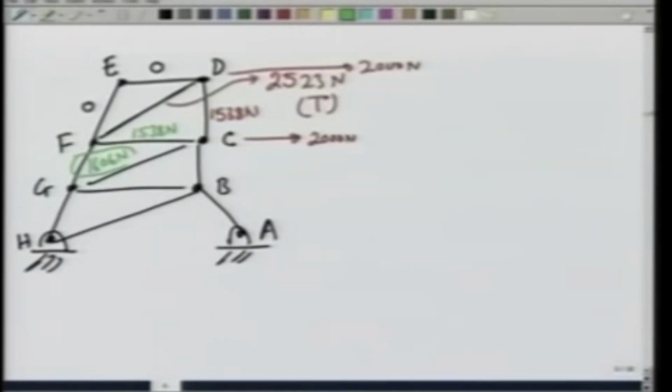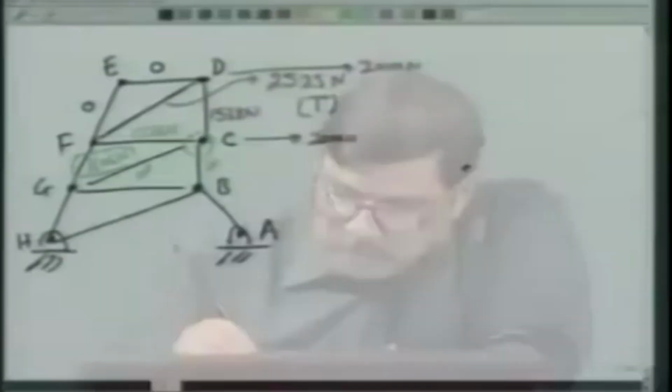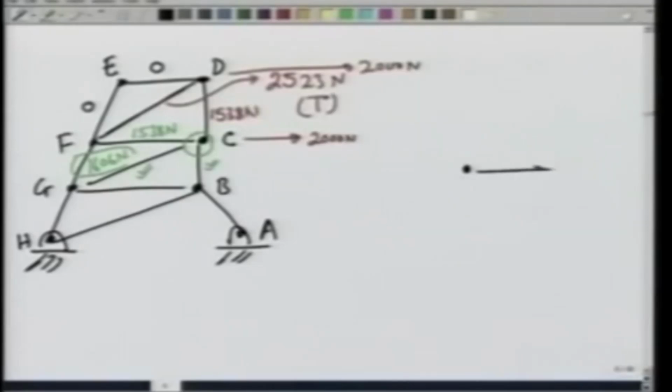Now, you see, if I look at point C, the two forces 1538 and 1538 newtons are known here, and therefore I can calculate F_CG and F_CB by balancing forces on point C. So, let us balance the forces on point C. On point C, there is a load of 2000 newtons acting this way. F_CF is a compressive force because it was pushing point F outwards. So, here also it pushes point C this way, 1538 newtons.